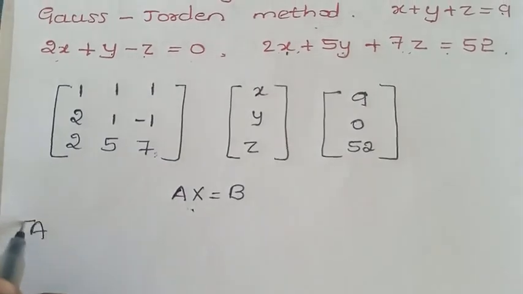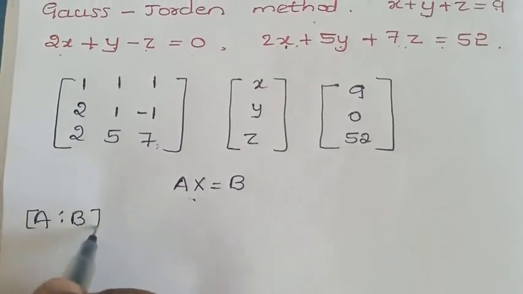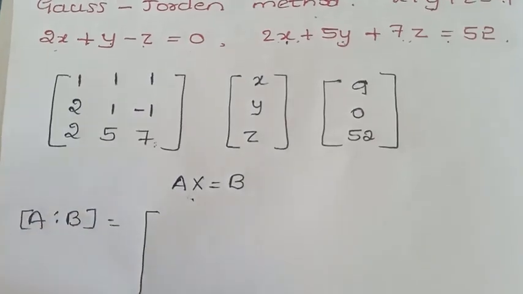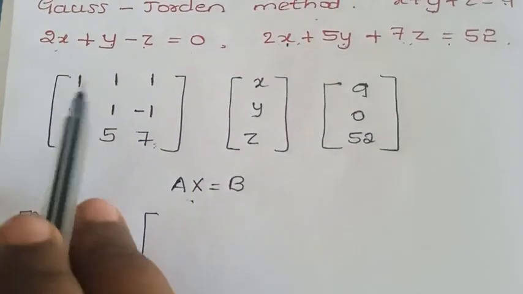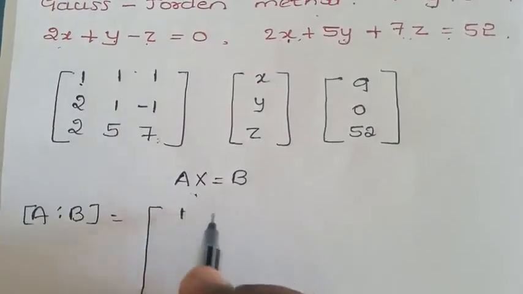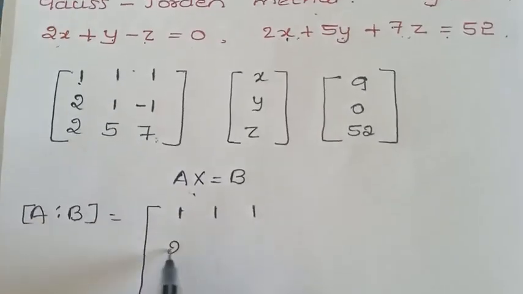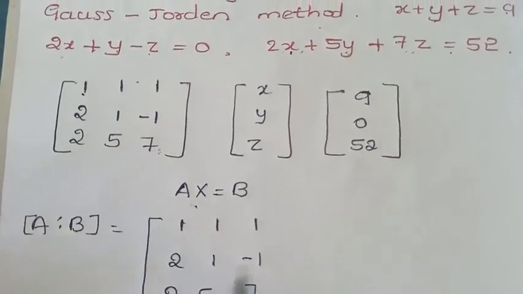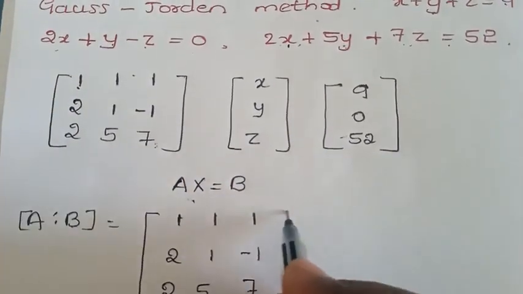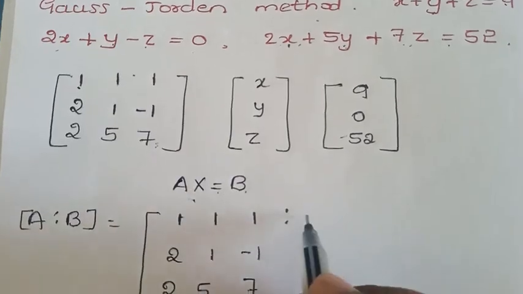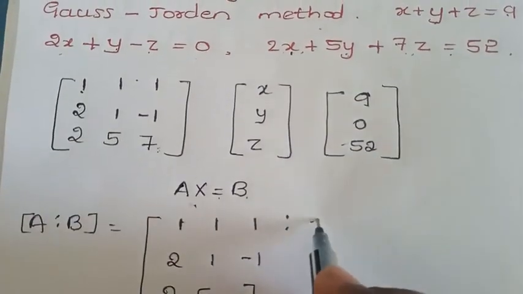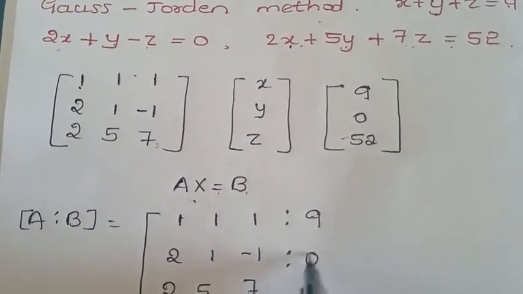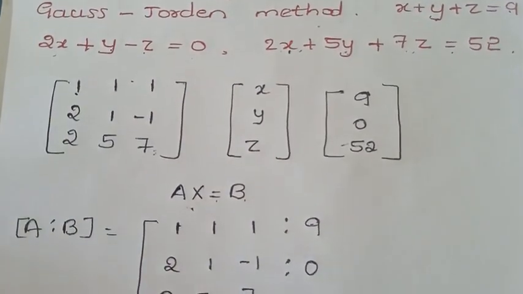It will be like A colon B, we have to combine this. 1, 1, 1, then 2, 1, minus 1, 2, 5, 7, this one, and this. AX is equal to B. B's value 9, 0 and 52.